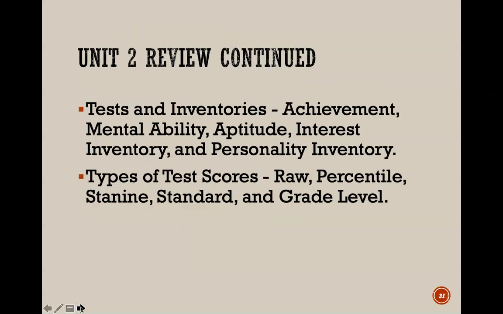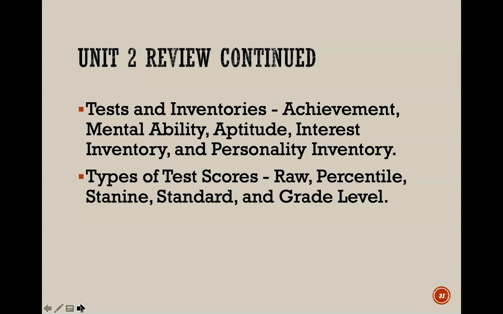Then today, this week in class, we talked about what makes tests and inventories. What are the different types? You have achievement, mental ability, interest inventory, personality inventory. We talked about GREs, the Stanford 9, the Minnesota Strong's personality, those different types of tests that we have, and the kind of scores that you get out of these tests when you do them.